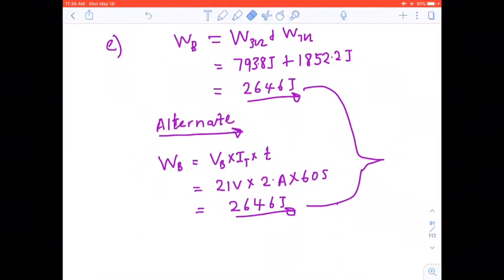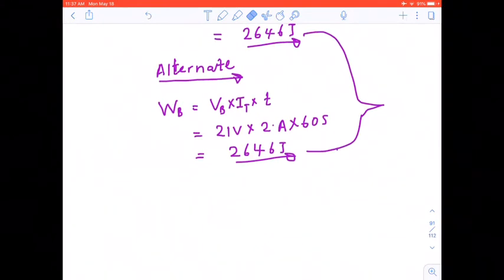So how does it replenish that energy? The chemical reactions within the battery have to then supply that lost energy, and those are things you'll study in grade 12 when you deal with electrochemical cells.